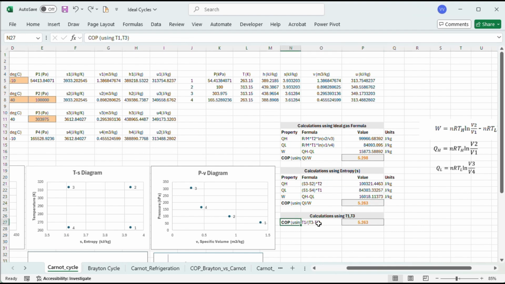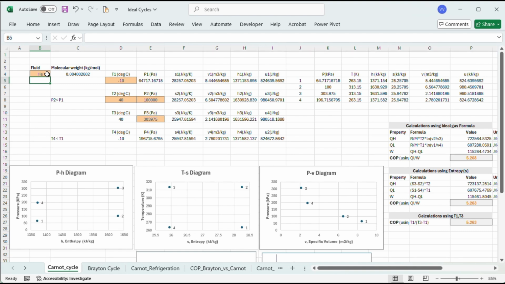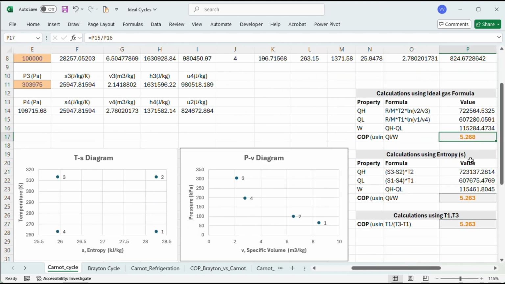Then we use the well-known temperature formula for COP, and we got 5.263. So this was air, the fluid is air, so there is some discrepancy in the ideal gas calculated value versus the actual COP values. If we try a different fluid, for example, helium, then these values are really close. All the values look really close because helium is more of an ideal gas than air.